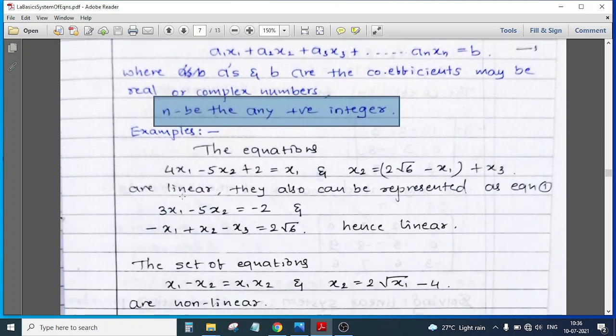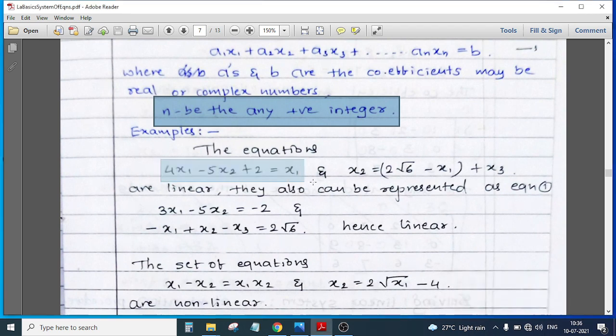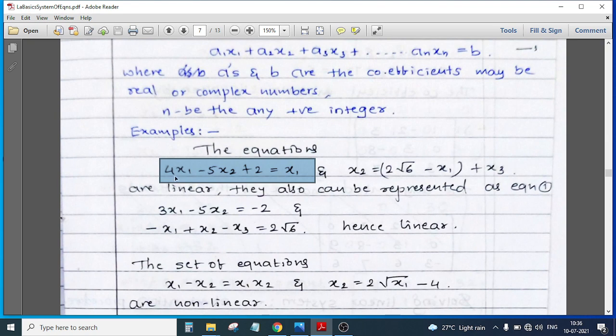So to understand, let us look at some equations. Let me take some equations to make this understood. Let us consider the first equation, that is 4x1 minus 5x2 plus 2 is equal to x1. Now we say these are linear equations.